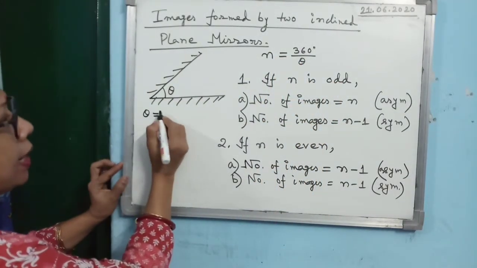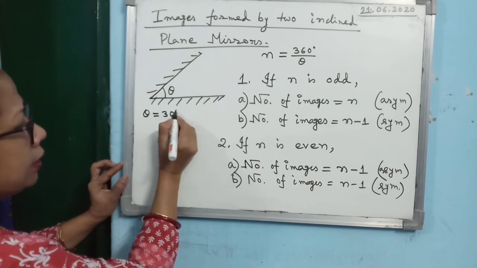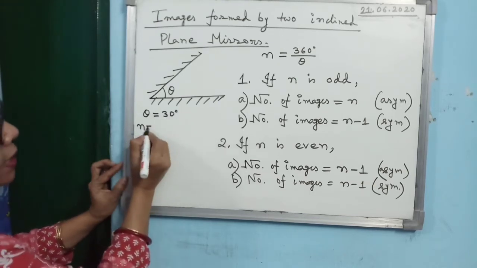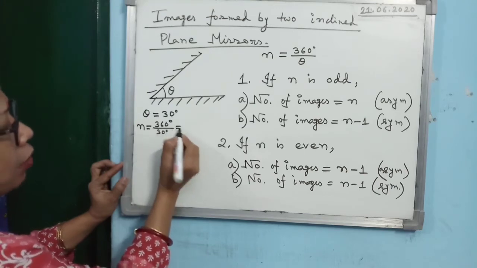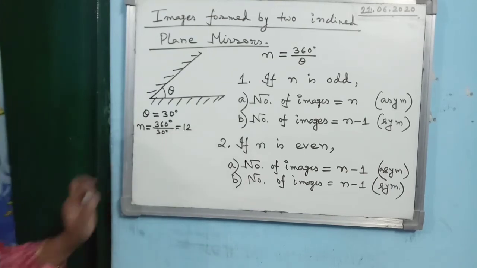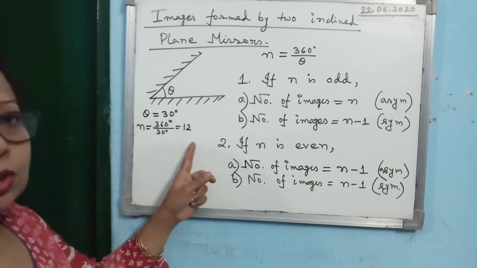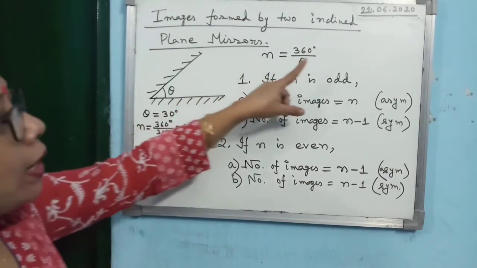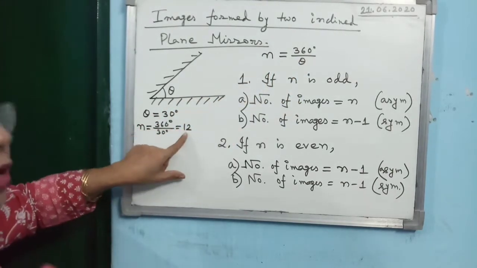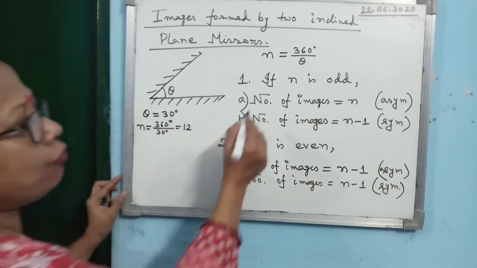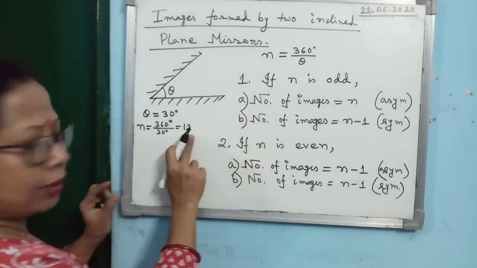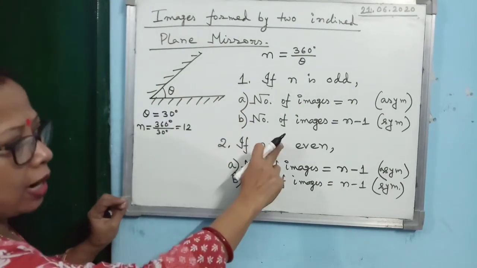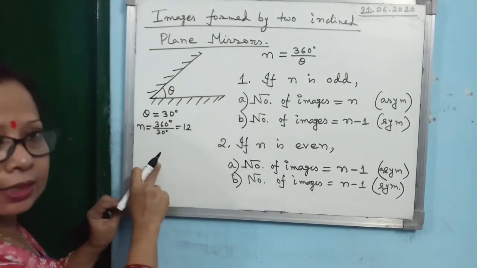Suppose theta is equal to 30 degrees. Then n is 360 by 30 degrees, which is 12. So first of all, you find the value of n. Now, if n is odd... here I am doing for even, so I am discussing even first, then I will give the example of odd.